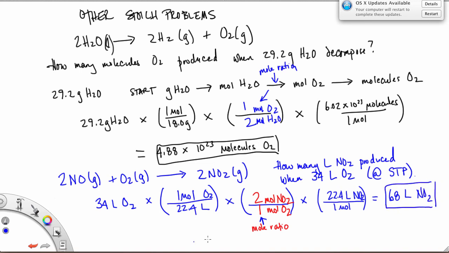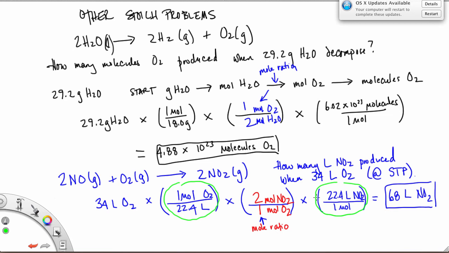Now when we look at this problem, you might notice here that we have 1 over 22.4 and 22.4 over 1, and these two units will cancel each other out. So we actually really didn't need to have them.